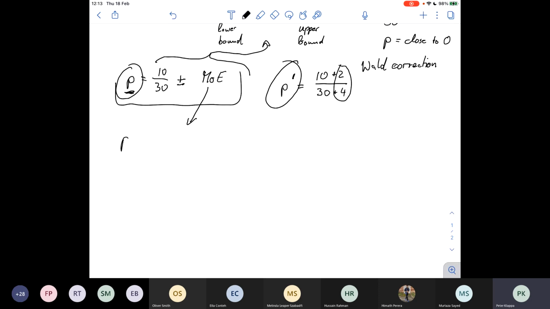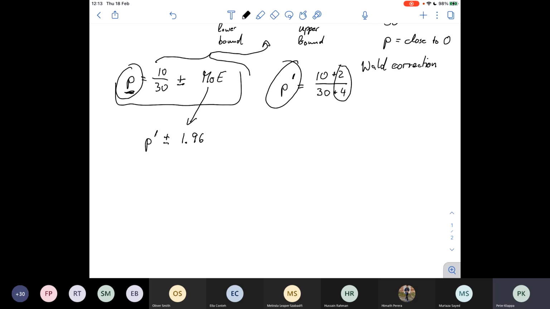So what we have is P prime plus minus 1.96. And this is this famous 1.96 number again, which will be revealed in one of the next sessions where this number comes from.